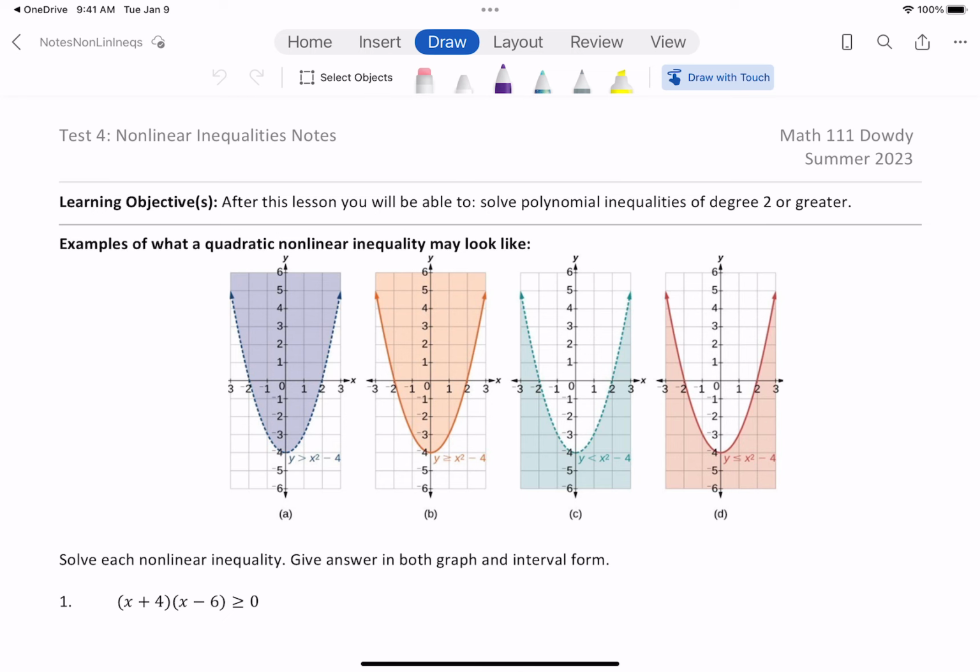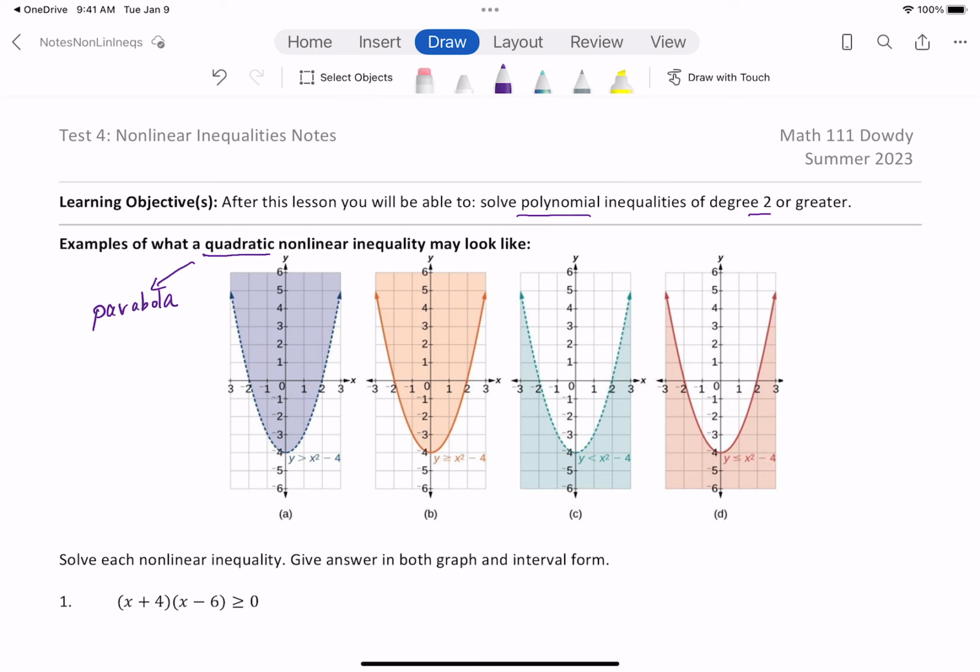But just to give us an example of what we're going to be doing, remember, if it's a polynomial of degree 2, then that means it's quadratic, which means that visually it's a parabola. And you may remember in a previous lesson, I told you that when we solve quadratic equations or functions, we're finding the zeros, which are the x-intercepts, or where that graph crosses the x-axis.